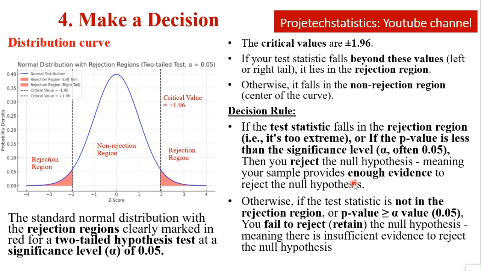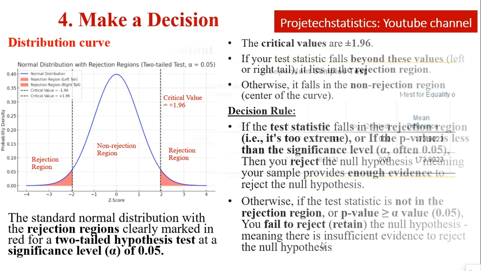There is enough evidence to reject the null hypothesis anytime your t-statistic falls in this region, beyond the critical value. Otherwise, if the t-statistic is not in the rejection region, or your p-value is greater than 0.05, you fail to reject the null hypothesis. It means that there is insufficient evidence to reject the null hypothesis.